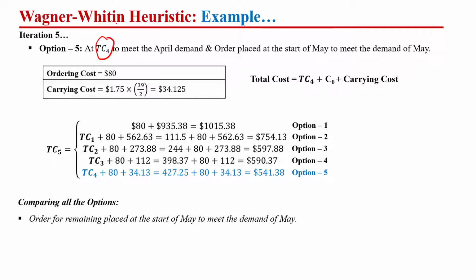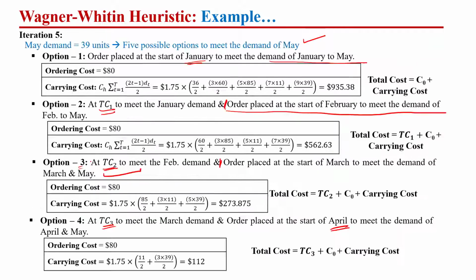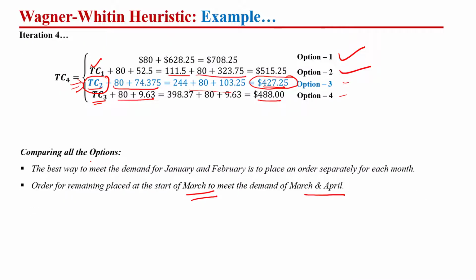So we have calculated the total cost using the same approach for all five options, and we can see that this is the minimum total cost. So what does that mean? In iteration number four, that is TC4, this one, we have already decided that to meet the demand of January and February, we are going to place the order separately in every month.